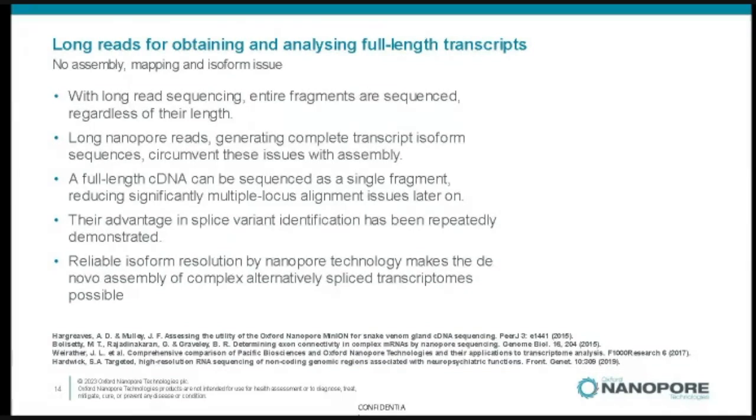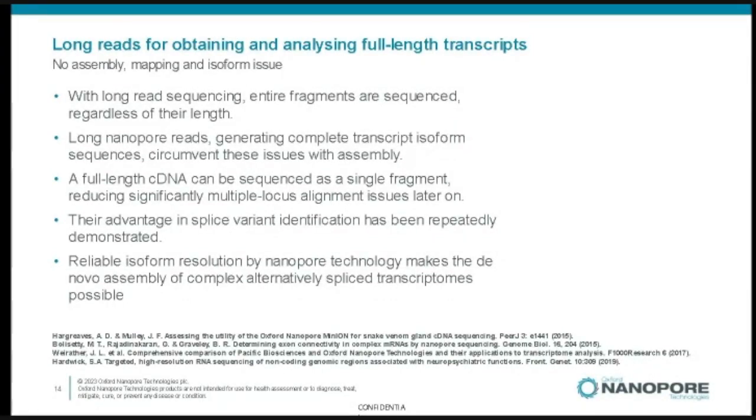So I would like to highlight today that long-read sequencing is actually a method of choice for obtaining and analyzing full-length transcripts. It does not involve any assembly, mapping, and isoform issues. With long-read sequencing, the entire fragment will be sequenced regardless of its length. Long nanopore reads generate complete transcript isoform sequences, circumventing issues with assembly.